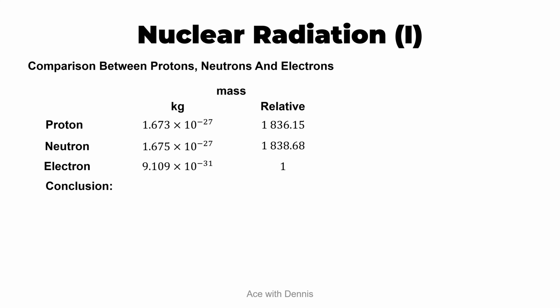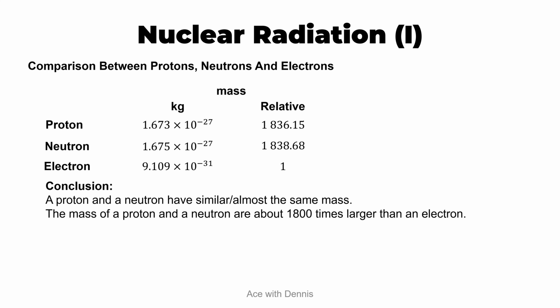From this comparison, we can make several conclusions. The first one is a proton and a neutron have almost the same mass. The mass of a proton and neutron are about 1800 times larger than an electron's. Hence, the mass of an electron is often negligible.